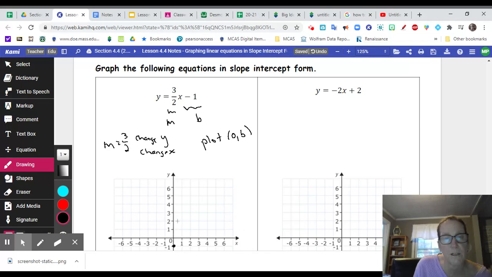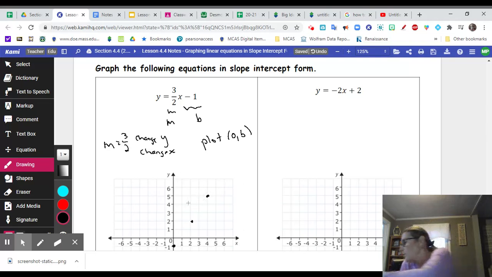Now I want to be clear. I'm not counting any boxes. The y change is 3, so it goes from -1 up to 2. The x change is 2, so the x value here is 0, and it goes over 2. And I could do that a couple times. 1, 2, 3, up to 5, over to 4.